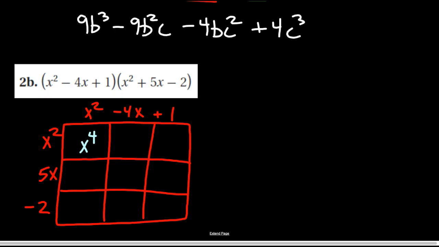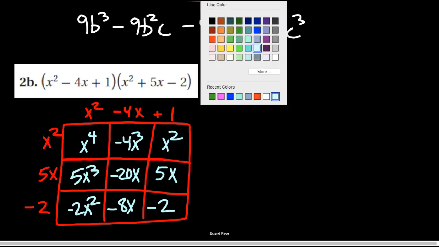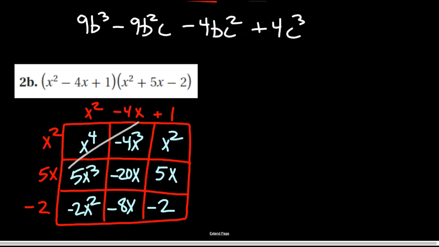X squared times x squared is x to the 4th. X squared times negative 4x is negative 4x cubed, plus x squared times 5x is 5x cubed. Okay, and if I didn't make any mistakes, now all of my like terms are going to be lined up on diagonals like that.